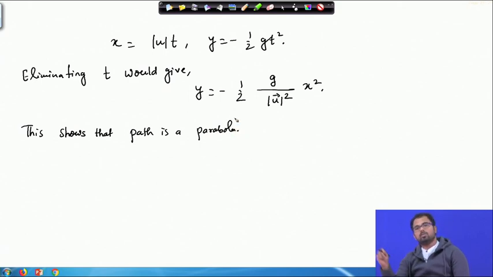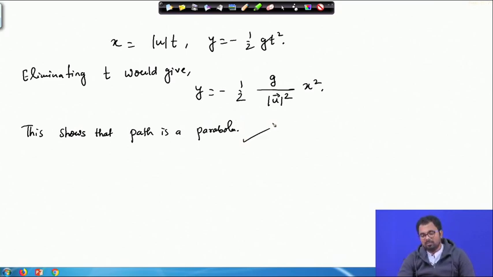So, that means when you throw a stone or a particle like this, I do not know if you can see that in the video or not, then your u is the x axis and your k is, let us say, the y axis. In that case the particle is following a parabolic path, and that is what we were trying to establish.